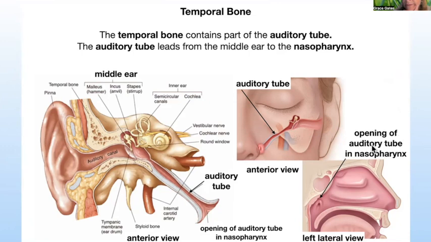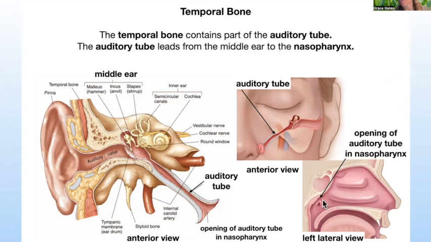And here is a sagittal view, left lateral. You're standing on the right, looking at the left side of the left nasal cavity and the left nasopharynx, and right there is the opening of the auditory tube.